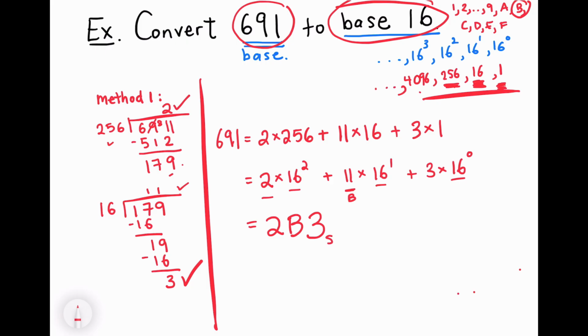I write 16 down here so I know that I'm in base 16. So 691 is equal to 2B3 in base 16, the hexadecimal system.